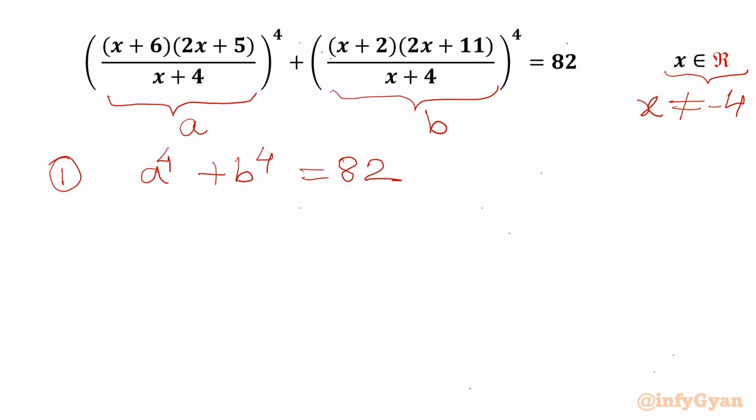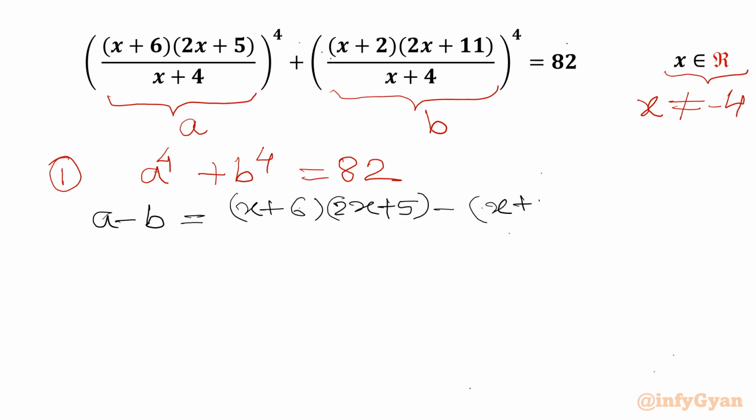Now I will find out the value of A minus B. So this will become [(x + 6)(2x + 5) - (x + 2)(2x + 11)] divided by x + 4.